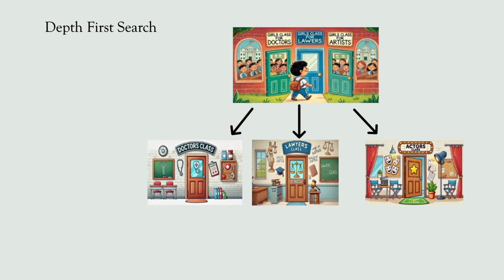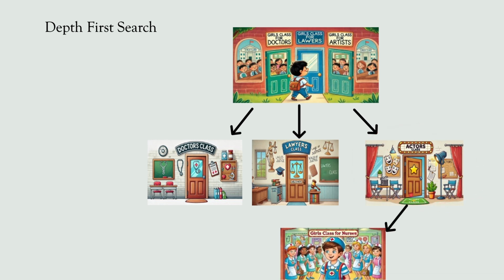Then he will start with the first node that he got in, which is actors. So we go to actors, we see that we can continue searching for girls, and we see that there is a girls class for nurses. Also he goes there and asks them, and he gets rejected.